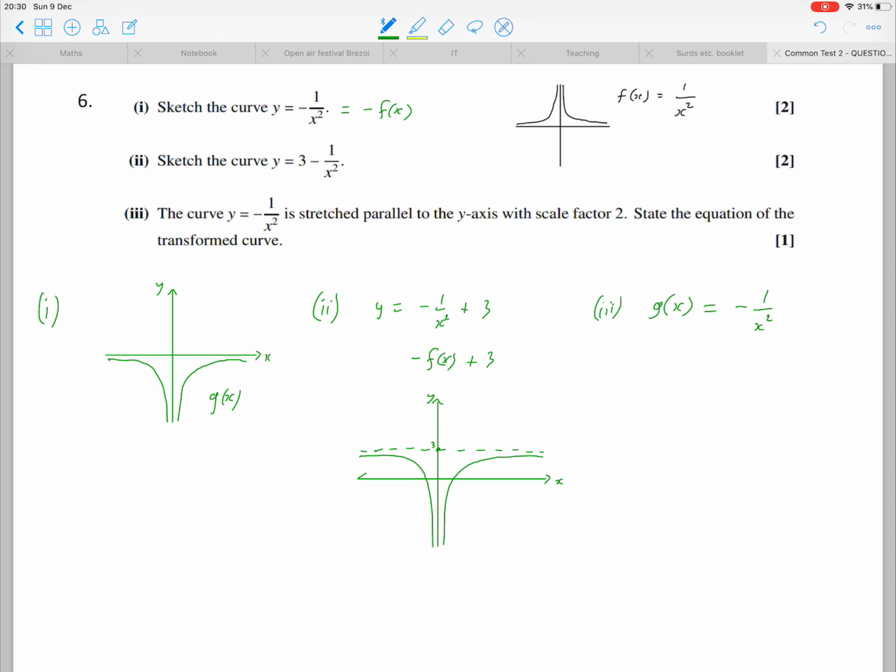And we're told that we're stretching in this direction, vertical direction, scale factor 2. Well, that's 2g of x. So the answer is y equals 2 times minus 1 over x squared. You'd probably get the marks for that, but you'd tidy it up, wouldn't you? You'd write minus 2 over x squared.